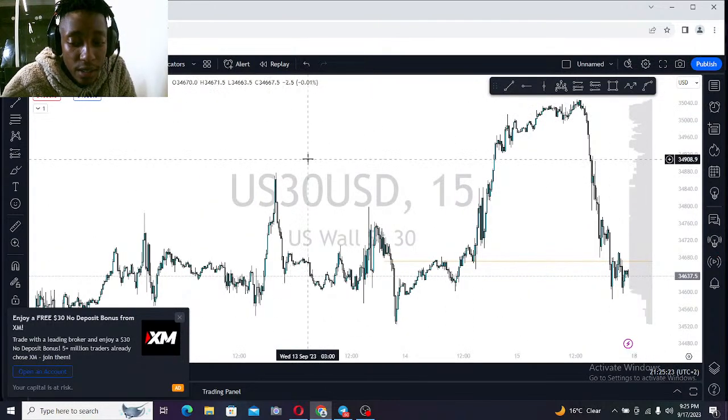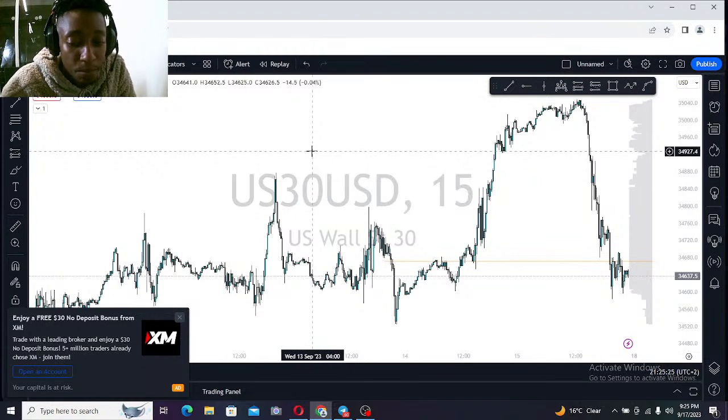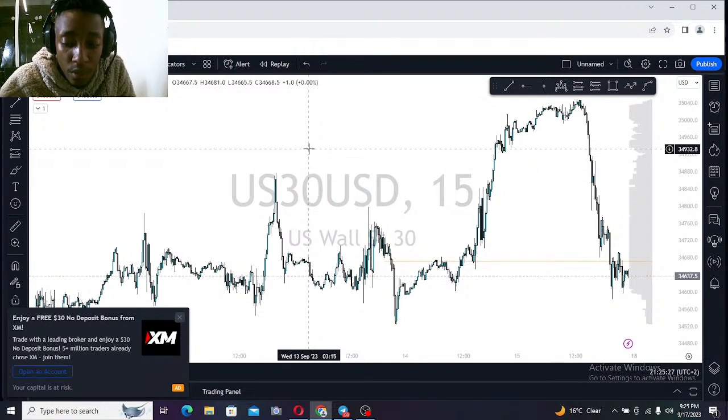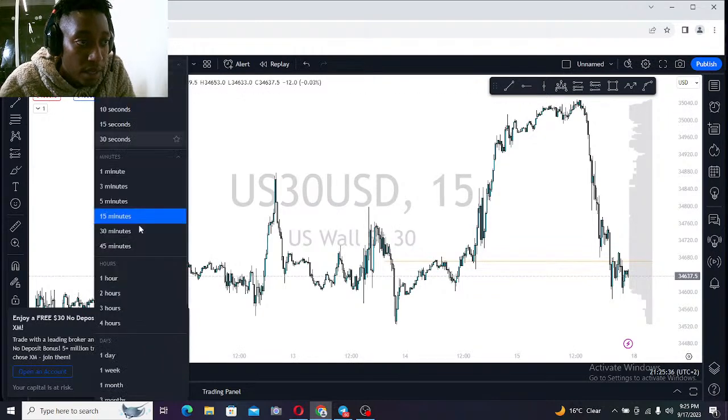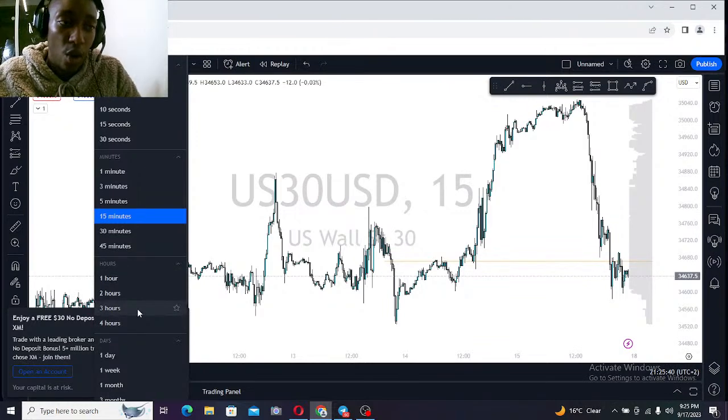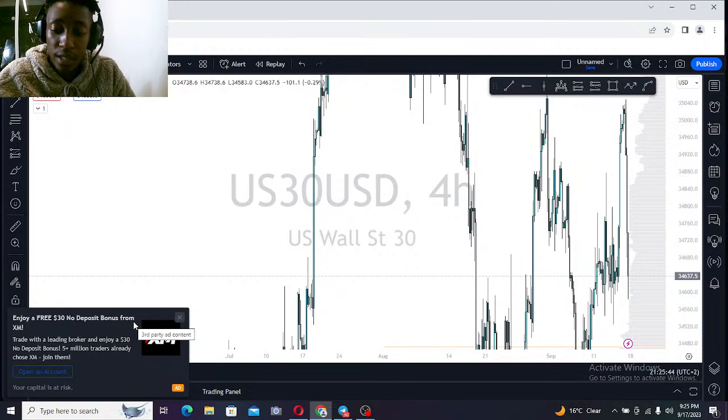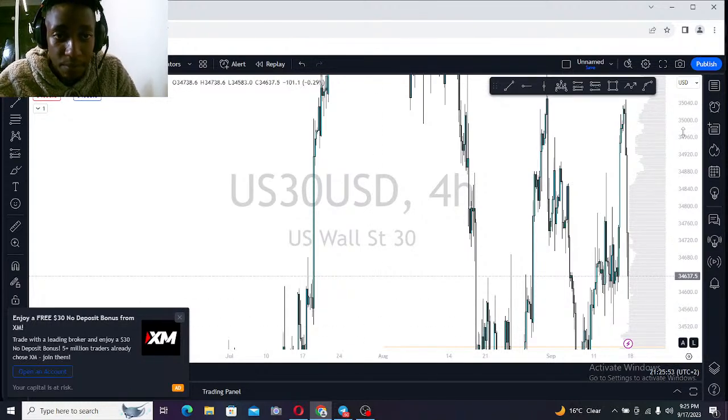So we can see that we have USDT here. We start our analysis on an H4 time frame so that we can see the market direction clearly.